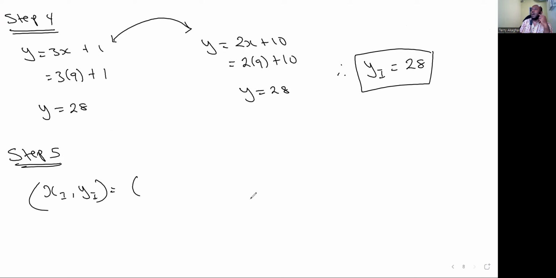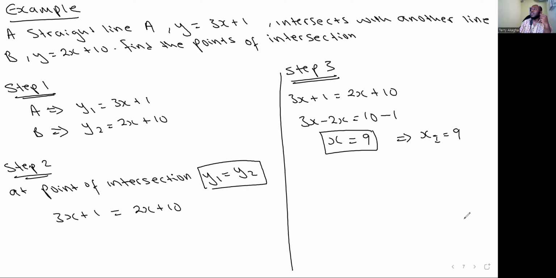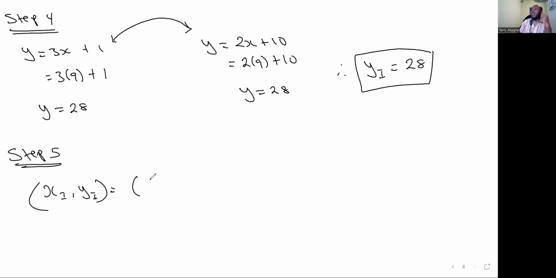Our xi is 9, and our yi is 28. And that will be the answer. So therefore the point of intersection for these two lines is going to be 9, 28. All right, so that will be that for that.